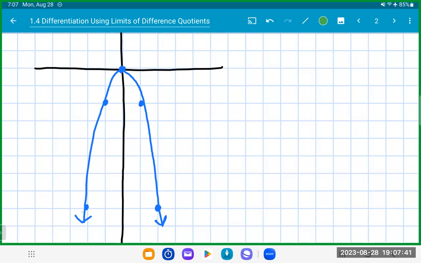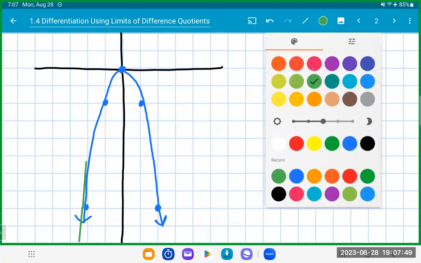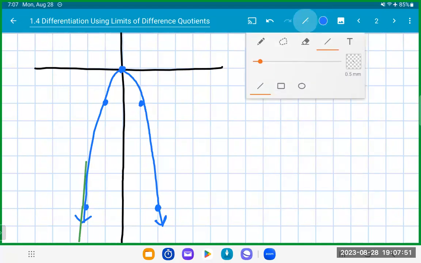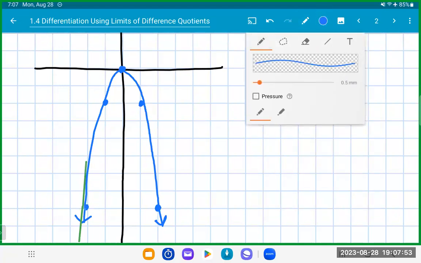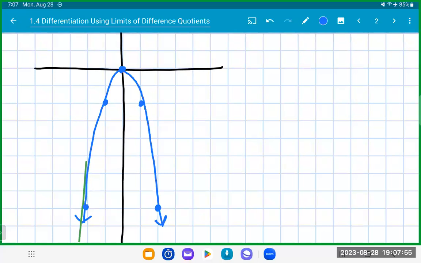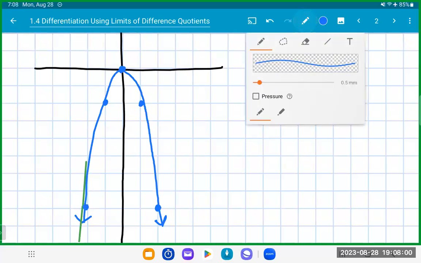So that's this one right here. We are going to touch the graph only in that one spot, just touching our graph in that one location.